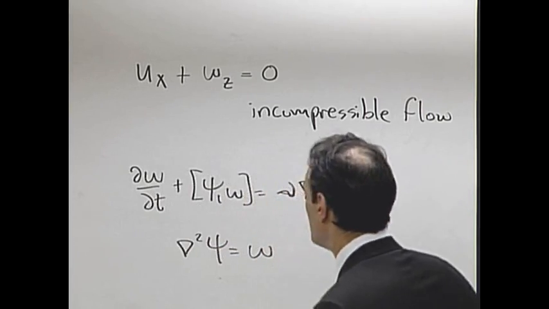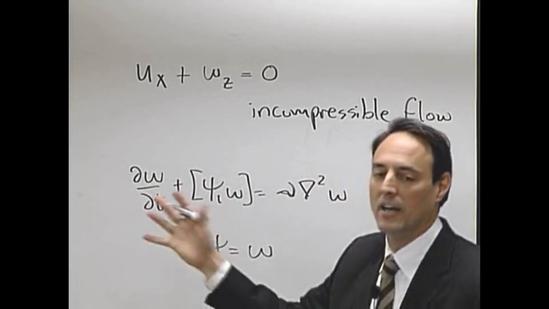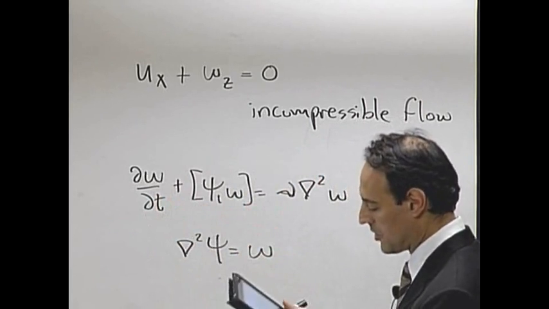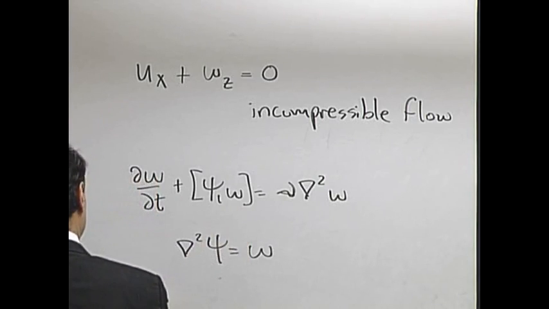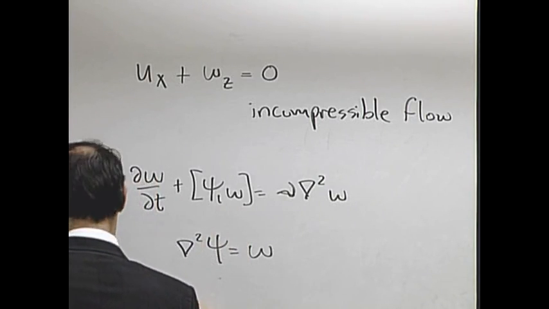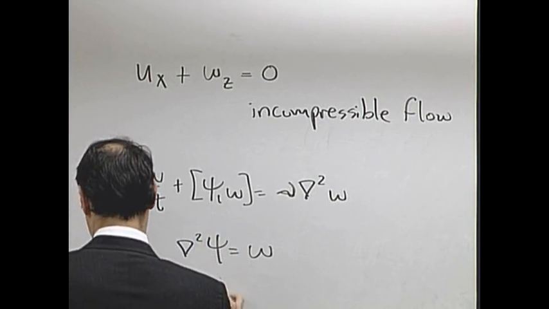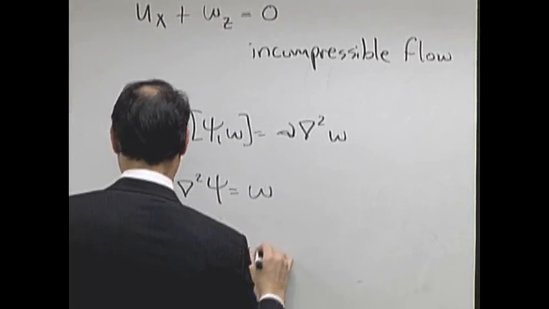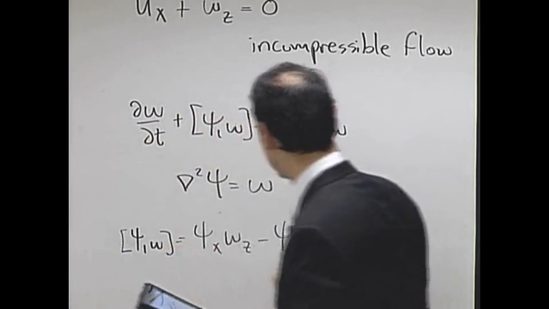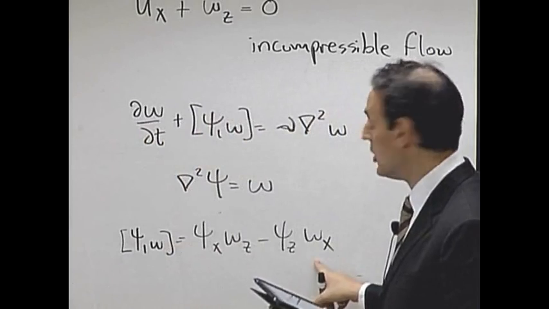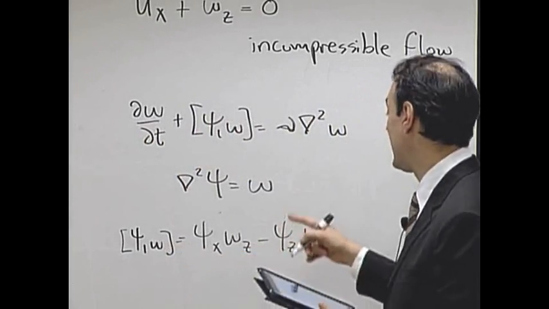This is now in the xz plane, so who cares? Let's just talk about this for a moment. This Poisson bracket is psi_x omega_z minus psi_z omega_x. Okay? So now the variables are x and z.